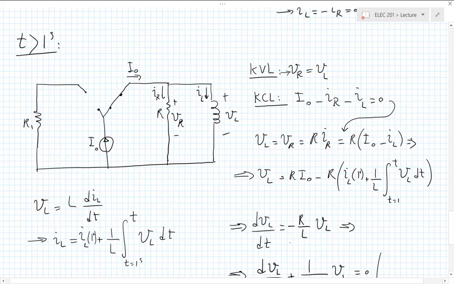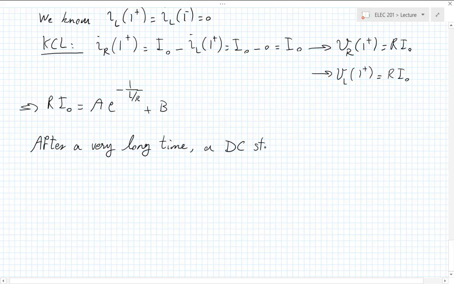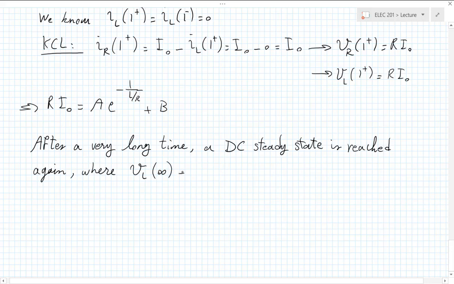So after a long time, a DC steady state is reached again. Where VL, and in this case, call it VL of infinity after a long time, has become 0.